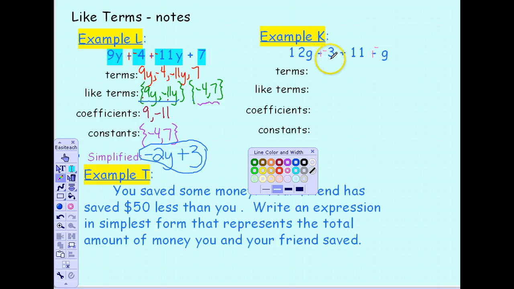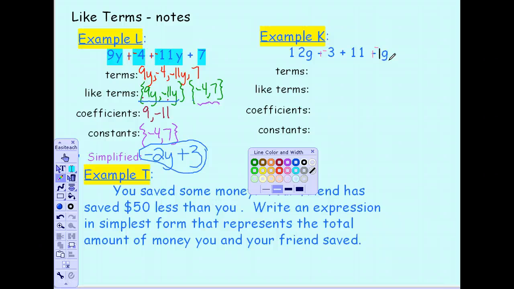And I also did the same with the g. It was a minus g, so I changed it to plus a negative g. Notice this g is missing a number in front of it. Like we said with the vocab, when you have just a variable by itself, we need a coefficient there. So we're going to put that 1 in front of the g. So this actually is a negative 1g.